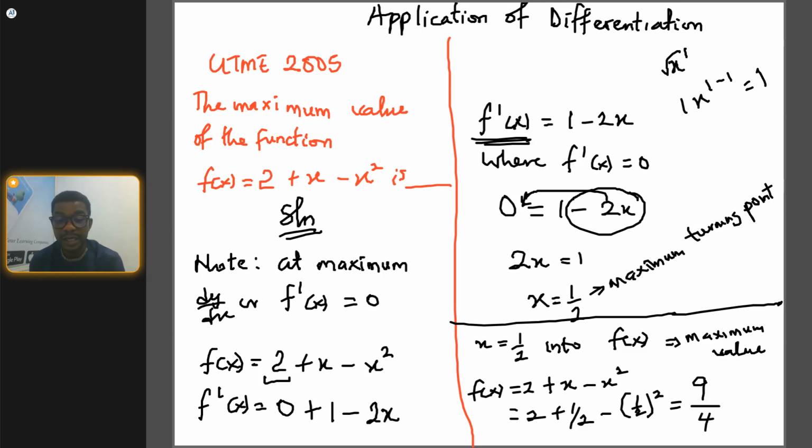So the maximum value is 9 over 4. I hope this is clear to us.